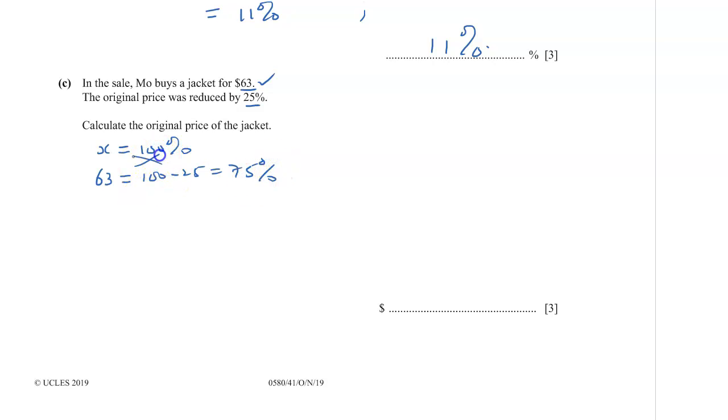So what is X? We cross multiply: X equals 63 times 100 over 75. When you do that, this will give us 84. So $84 is the original price.